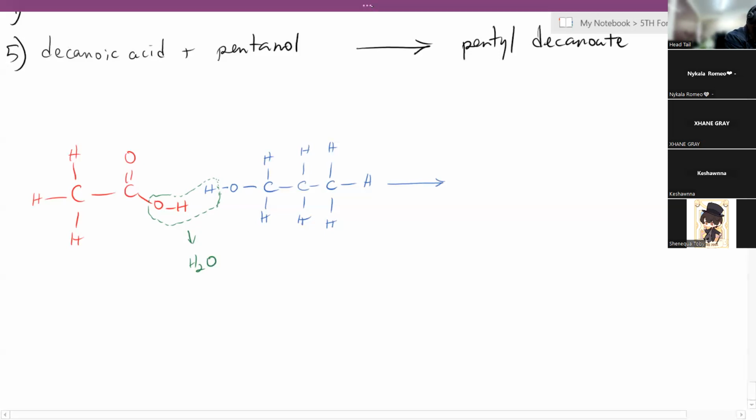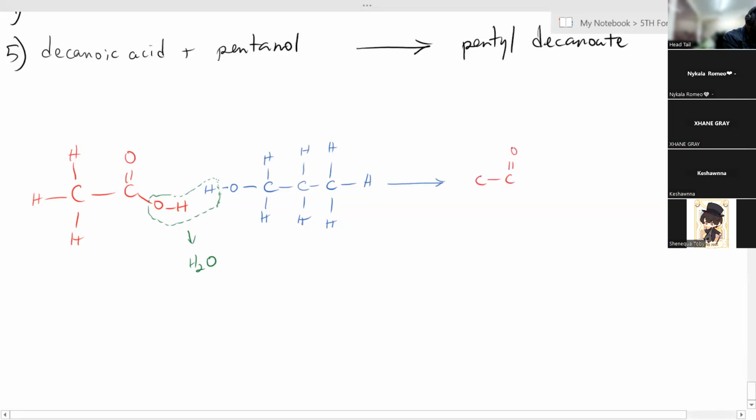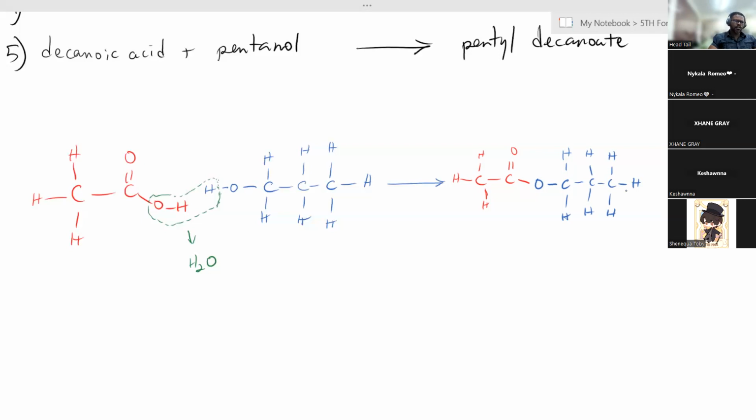As a result, that causes a link between the two compounds, which results in carbon double bonded to O, and we have the O connected to C. So here we have propyl ethanoate being formed, plus water, H2O, which is the same water that I said is being formed.